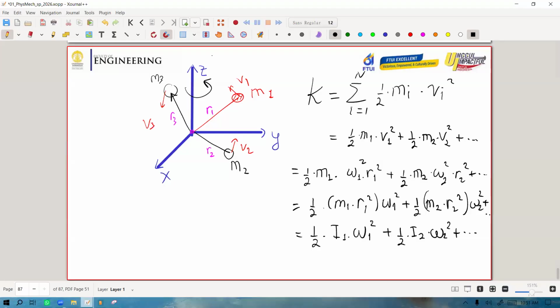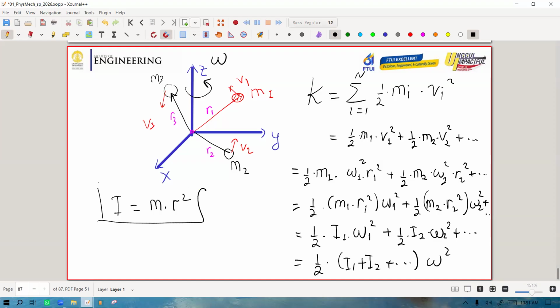If the motion has the same omega, we can write half (I1 plus I2 and so on) times omega square. So I is the definition of m times r square. This one is the moment of inertia.